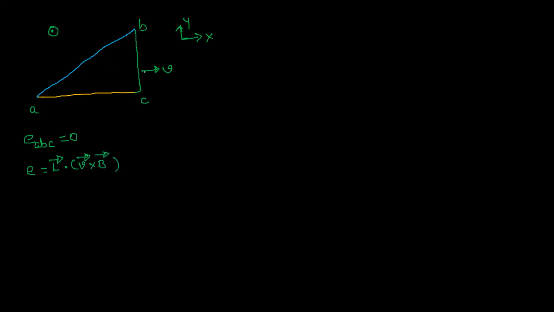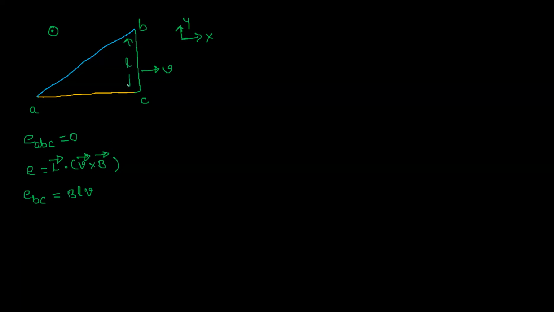And you can see here the velocity vector is along the x-axis, the field vector along the z-axis, and L bar along BC, which you can say is along the y-axis. So all three are mutually perpendicular. So I can write directly the E value across BC, that is equal to BLV. I am taking the BC length as L.